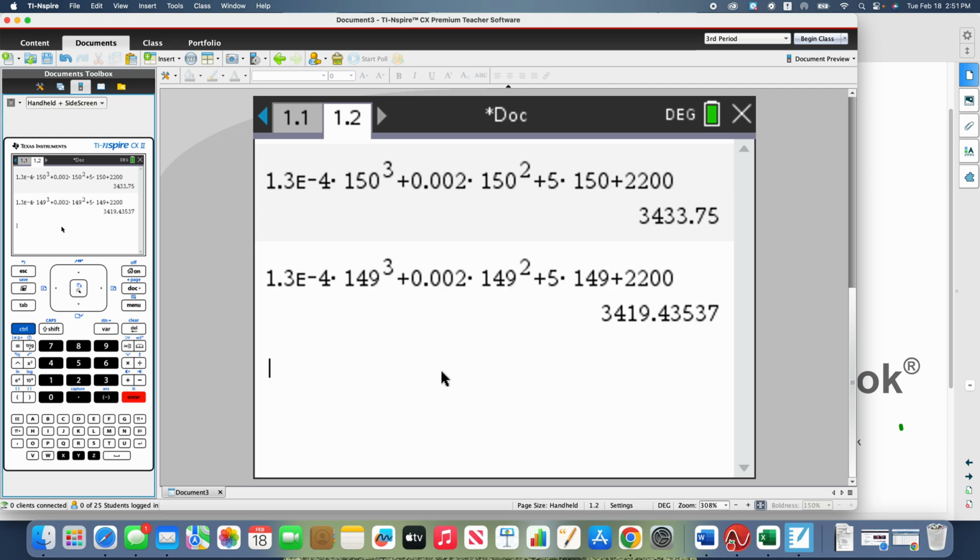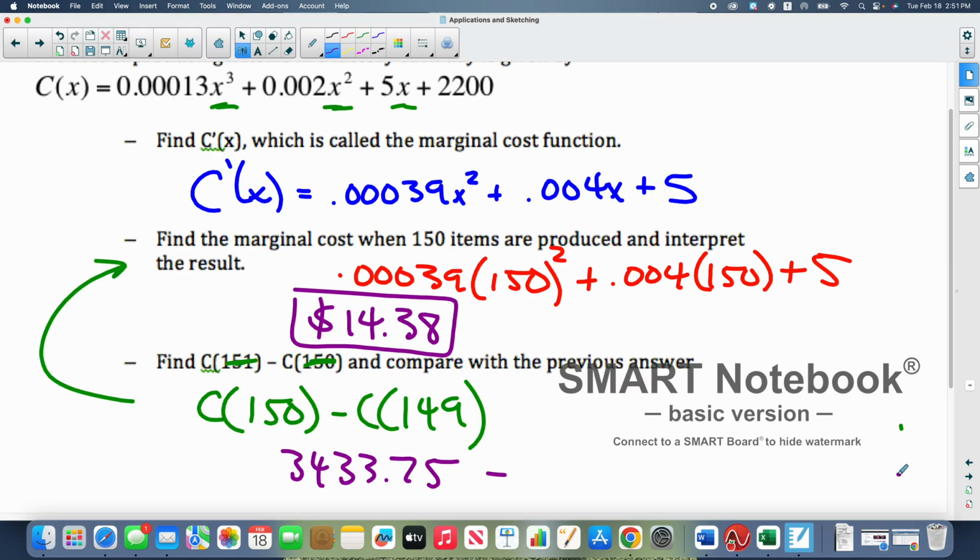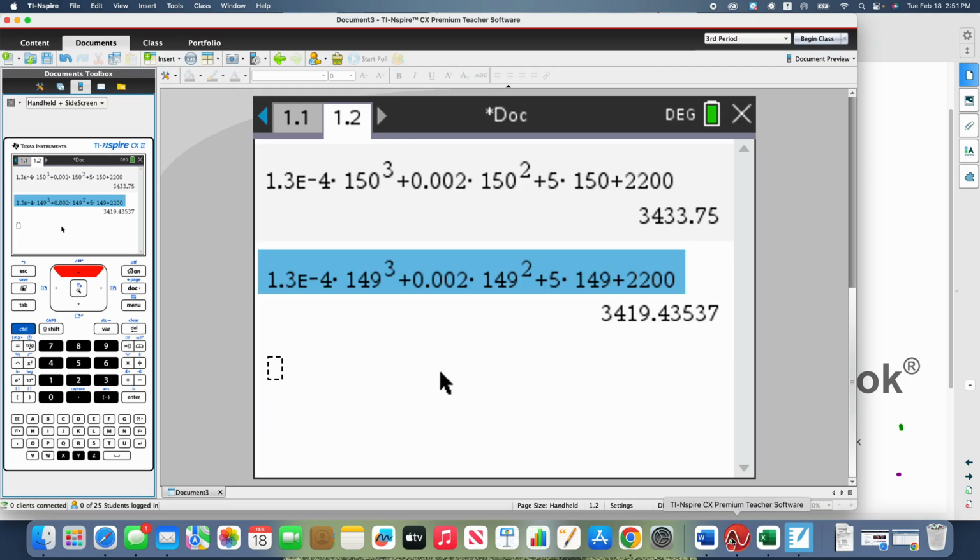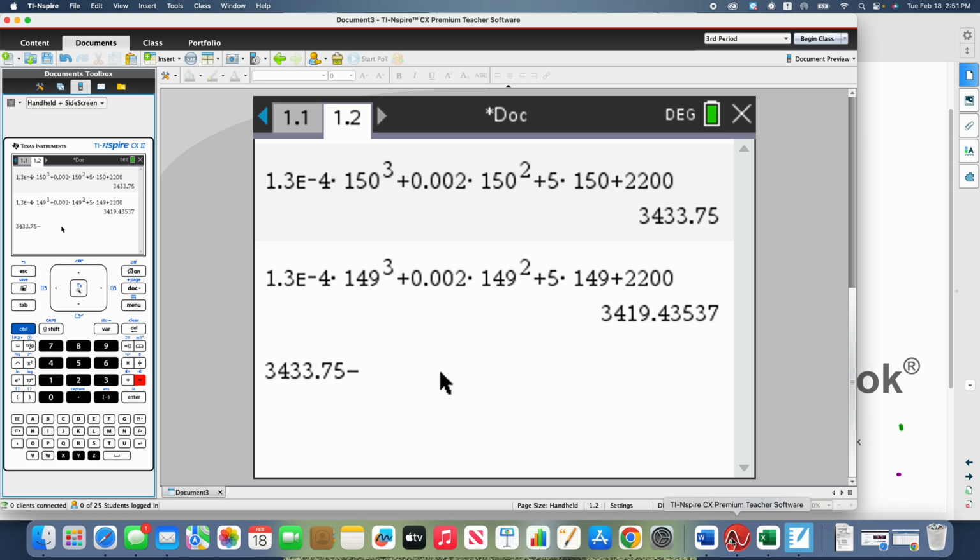So the cost for 149 items is $3,419.44. And I'm going to subtract those two values. So I'm going to use my calculator to do that. I'm going to come up here and grab this one minus this one. And I get $14.31.